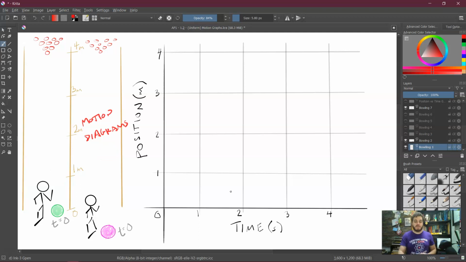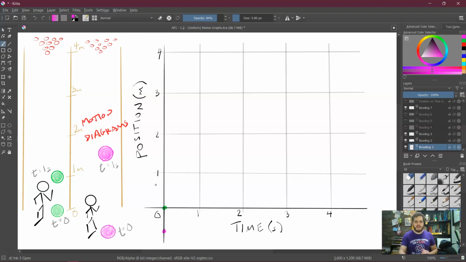So at time t equals 0, your ball starts at the 0 position. Your friend's ball starts at about negative 0.5. So at t equals 0, these are their two positions.